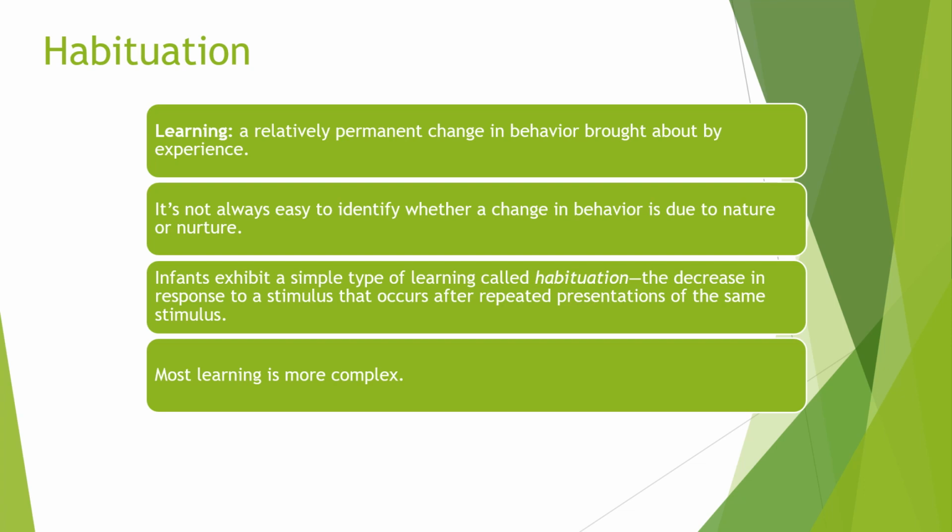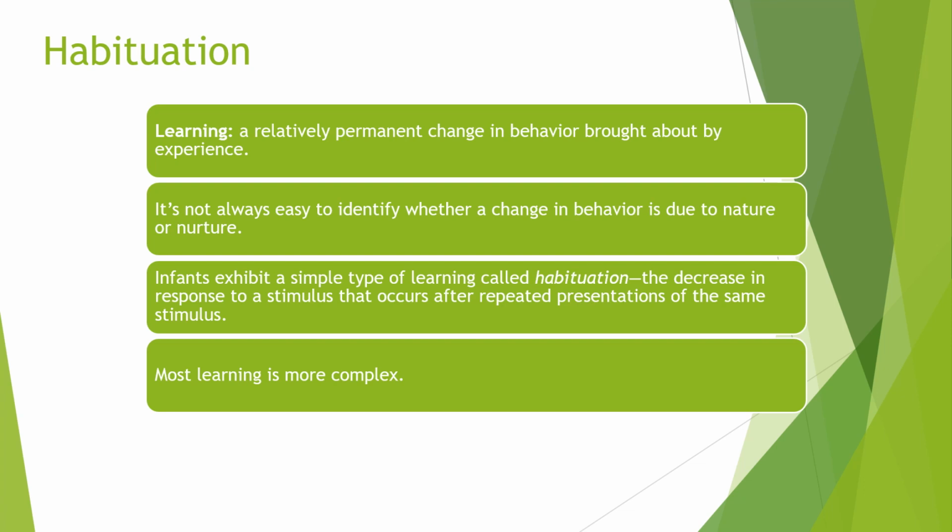It's not always easy to identify whether a change in behavior is due to nature or to nurture. And we say this because we would like to think that it's due to nurture, the way that we are raised. However, infants exhibit a very simple type of learning called habituation. Habituation itself is the decrease in a response to a stimulus that occurs after you've been repeatedly presented with that same stimulus.